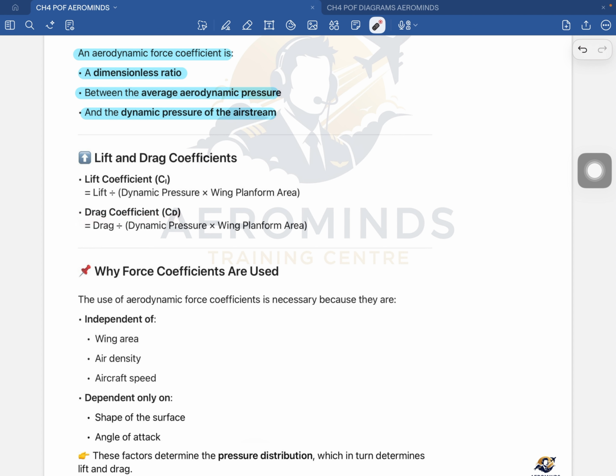So it is the drag divided by the dynamic pressure multiplied by the wing planform area. Okay, so for your exams, you must remember these relationships. Even if the exact formula is not asked, the concept is very important. So remember this: lift coefficient, which is CL, and drag coefficient, which is CD.